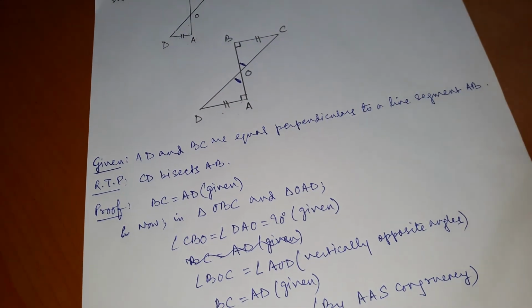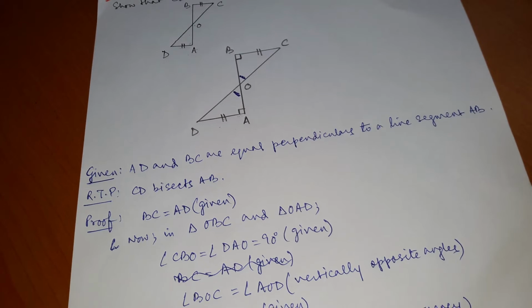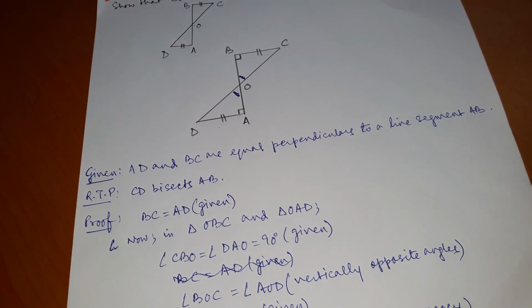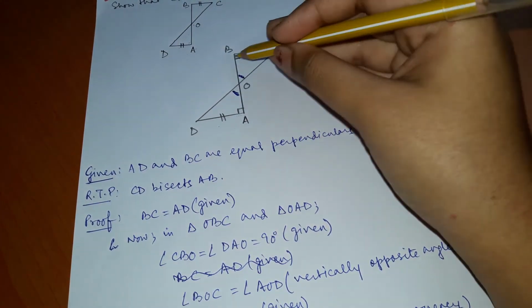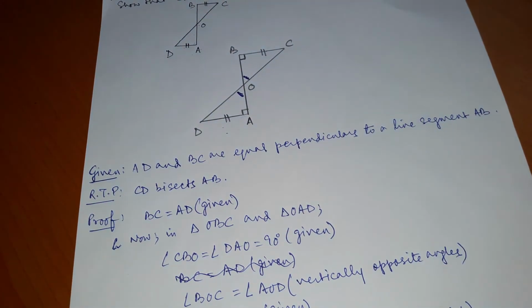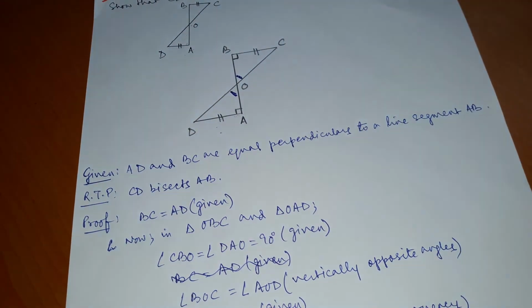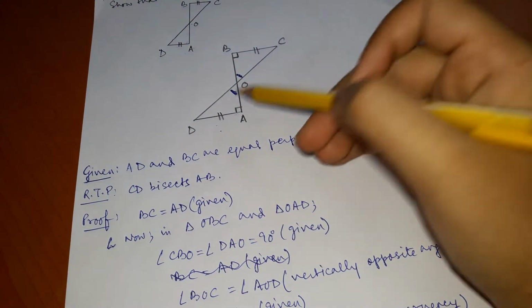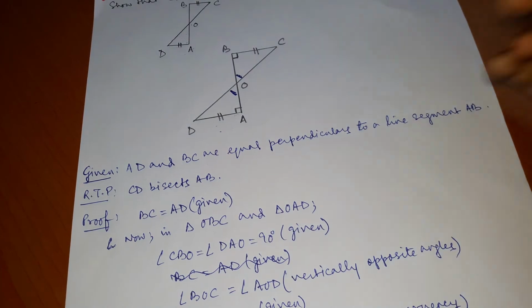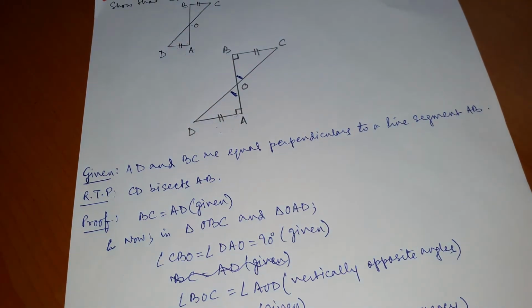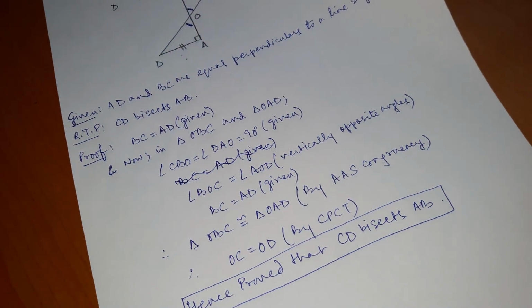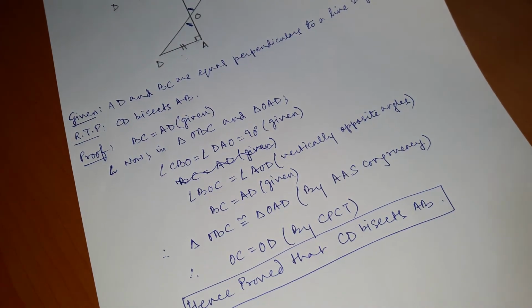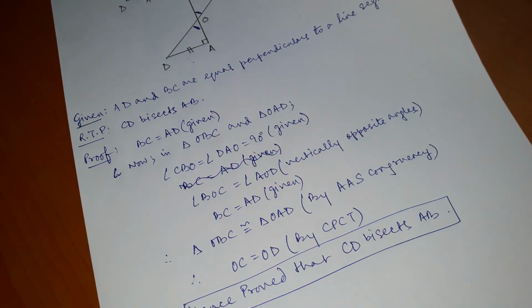But here ASA will not be our congruency. Why? Because the side is not the side between the two angles. The equal sides AD and BC are not the in-between side. The in-between side is OA and OB, and we know nothing about OA and OB. We are not given that OA equals OB. So here the congruency will be AAS congruency, not ASA. The congruency will be AAS congruency.